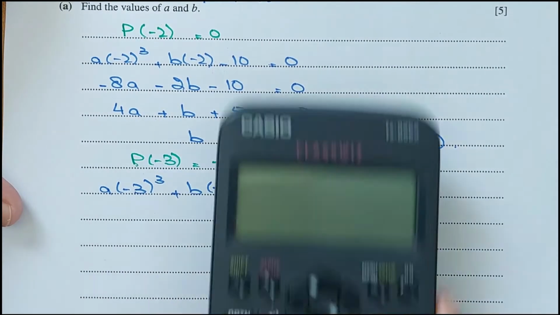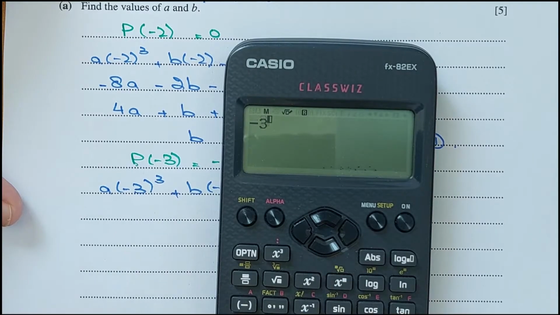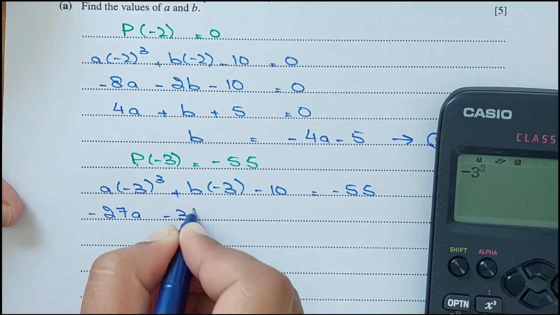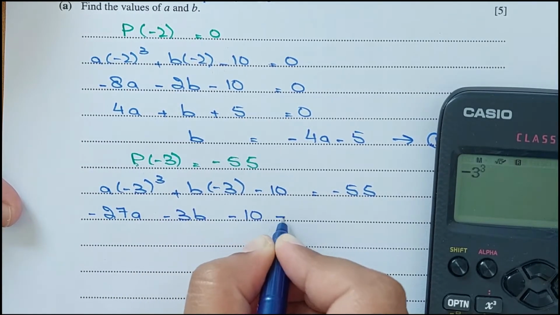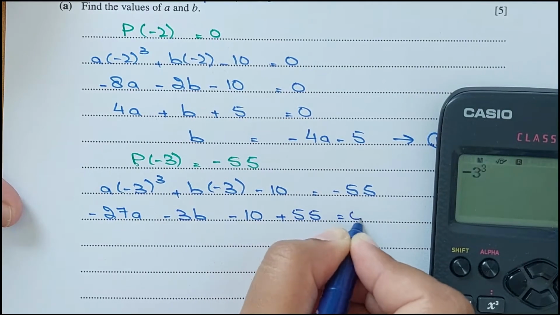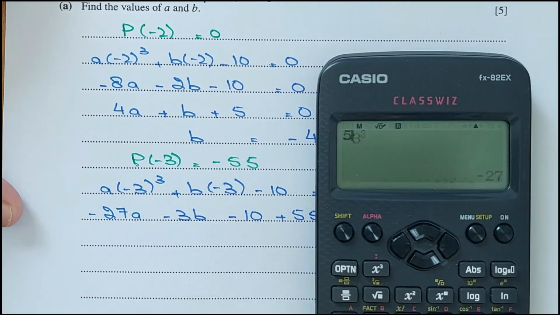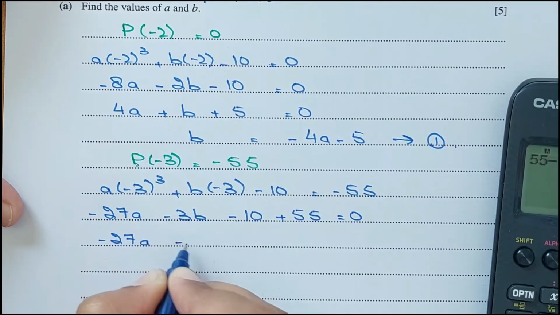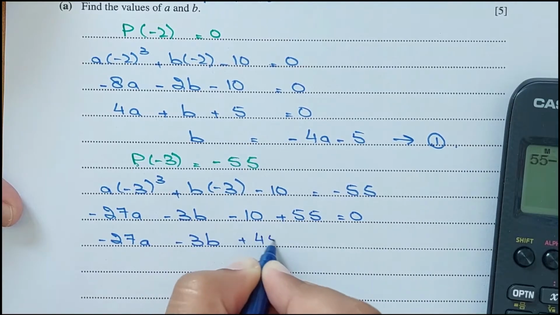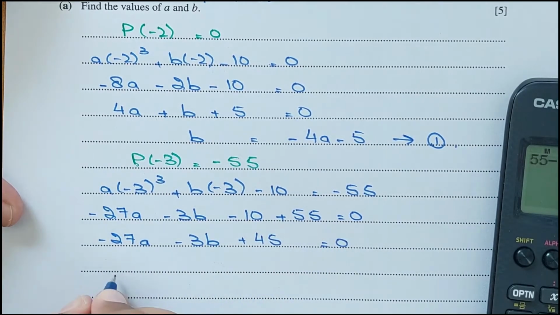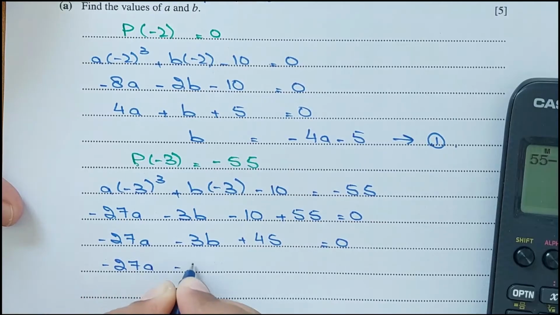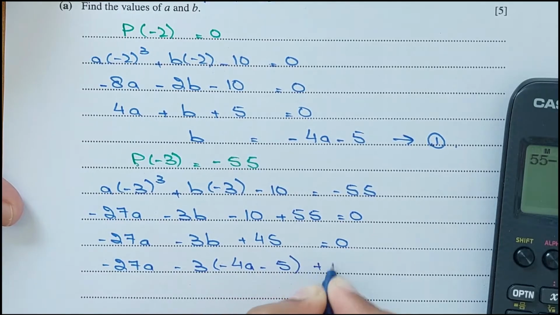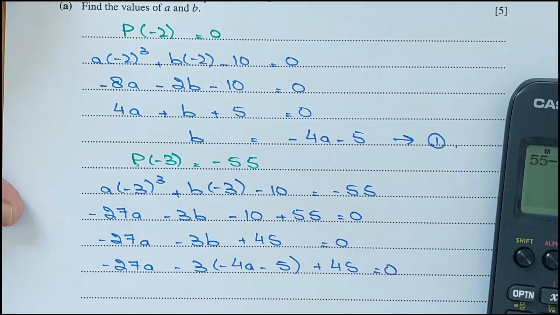Minus 3 cubed is negative 27a, minus 3b, minus 10 plus 55 equals 0, right? So 55 minus 10 is 45. So minus 27a minus 3b plus 45 equals 0, or minus 27a minus 3 times the b value, minus 4a minus 5, plus 45. This equals 0, right?